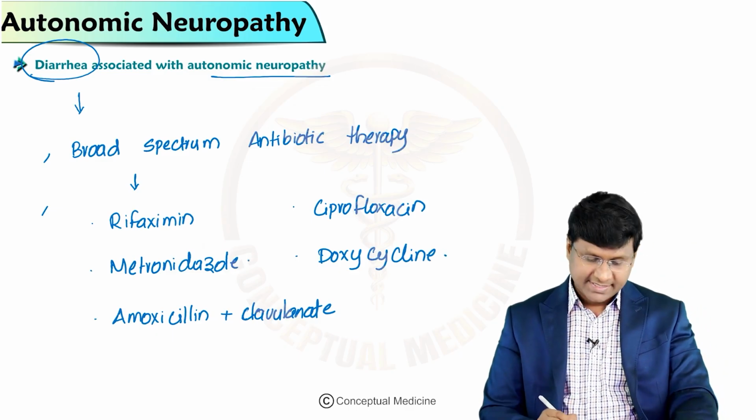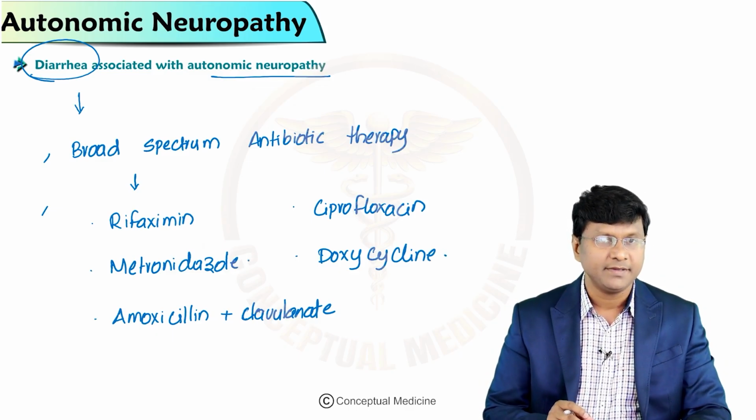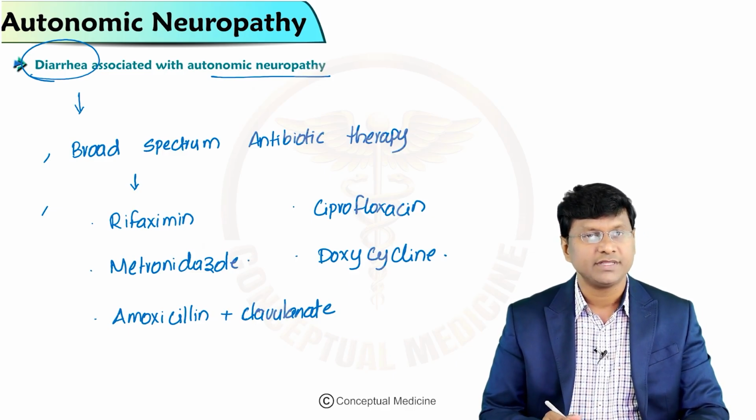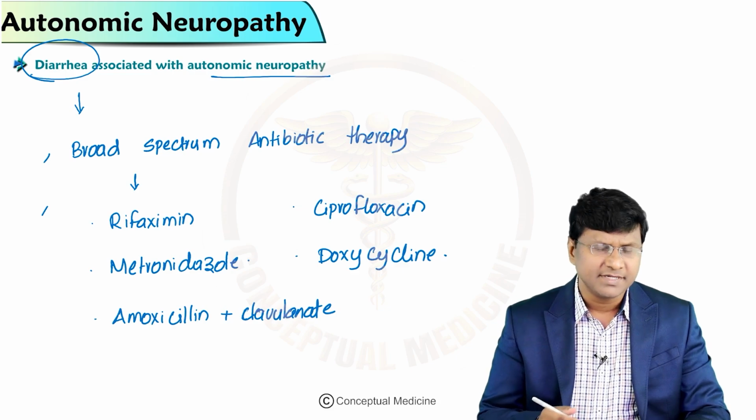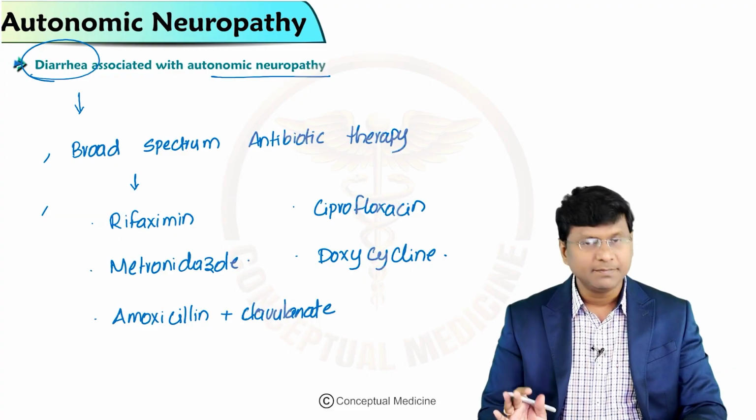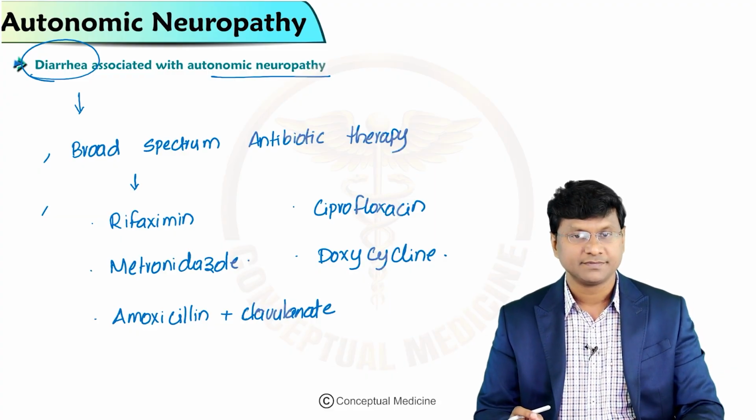So these are the antibiotic therapies that can be given for the treatment of diarrhea associated with autonomic neuropathy. Sometimes this diarrhea can undergo spontaneous remission, but this antibiotic therapy also will help.